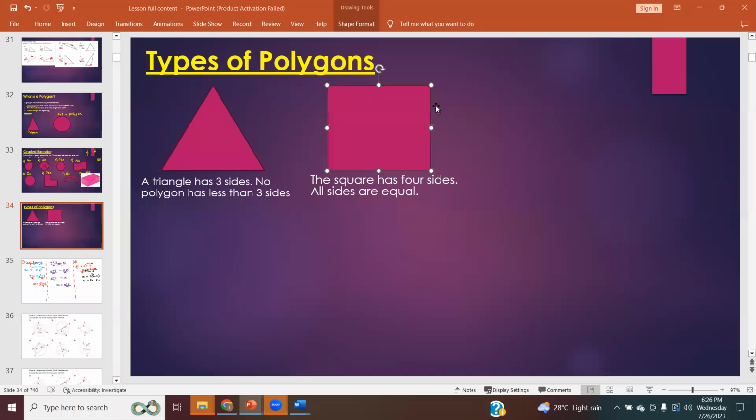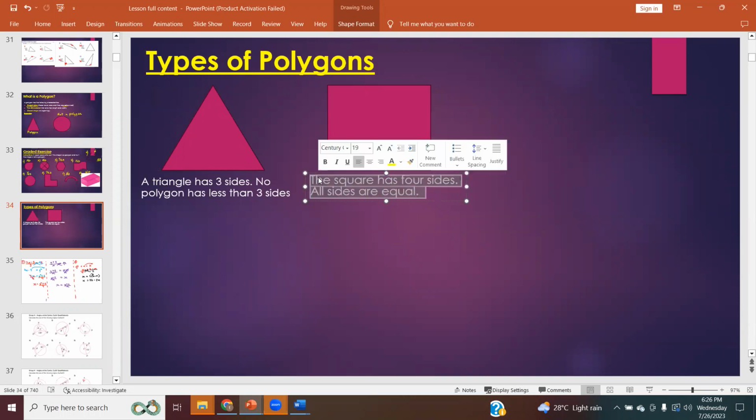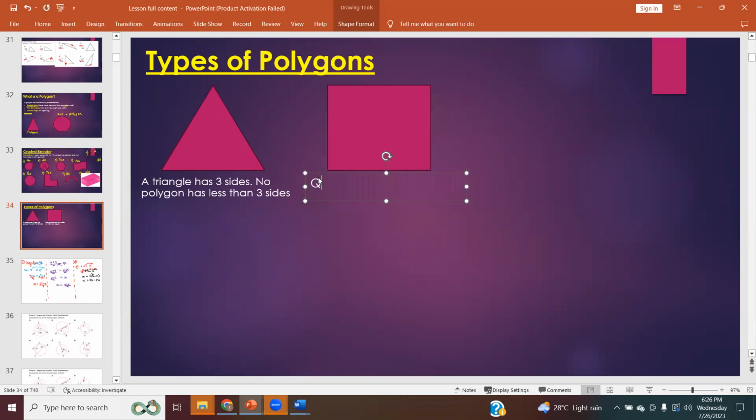So the next type of polygon after the square, anyone know? We have the triangle, the square. Wait, this is not right. The broad name is quadrilateral.